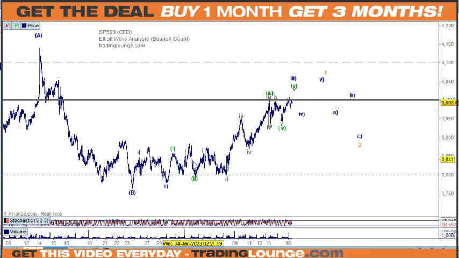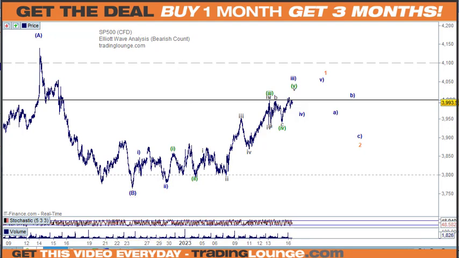This move here coming down is 5 waves. This move here coming down is 5 waves. So we're getting 5 and 5 and 5 on these ones here. So the only thing I can do is put wave 1 here with an ABC here, wave 1 here with an ABC here, and 1 here with an ABC here. It's either that or we need to put this B wave all the way over to one of these lows over here. But the whole thing is a bit of a guessing game.